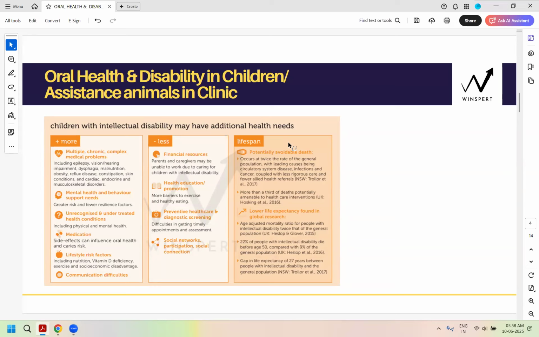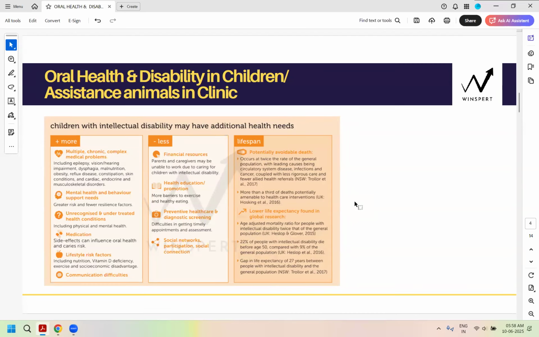So you have to educate them about getting timely dental appointments, regular assessments, regular evaluations and recalls. You must give them calls and remind them, again, a very repeatedly asked question. Correct? So you have to understand the challenges of such patients, how they can present, and what your role is.